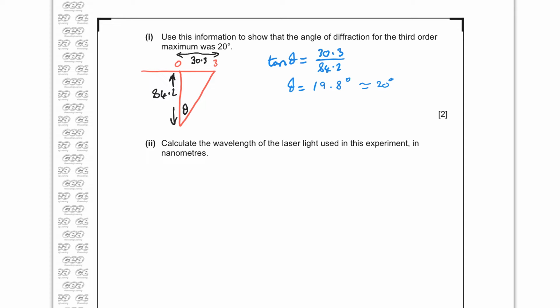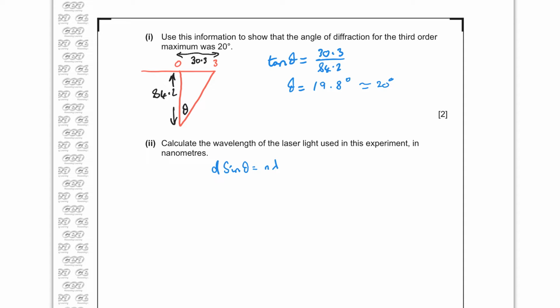Part 2, calculate the wavelength of the laser light used in this experiment in nanometers. So obviously the third order angle will be usable then to figure out the lambda in the equation. So we've got the equation that says that d sine theta is equal to n lambda, the standard diffraction grating equation.